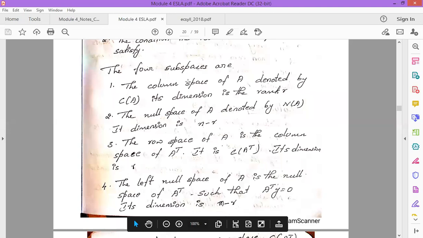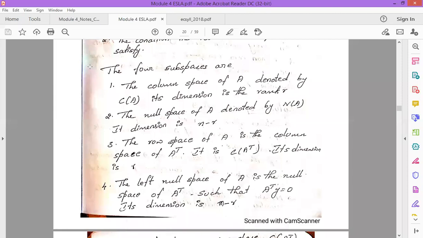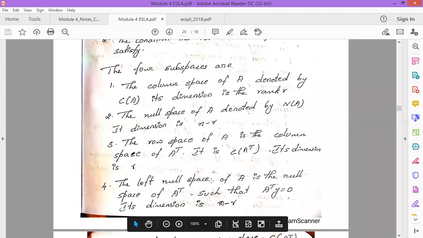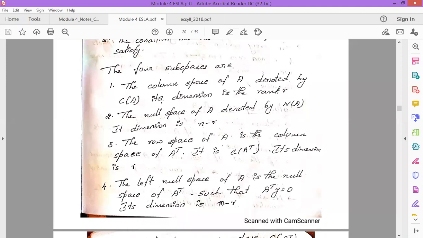So if the problem asks you to calculate the four subspaces, you need to calculate the column space, the null space, the row space, and the left null space of A. For the column space, you identify the pivots and from them identify the column space. For the null space, you solve the equation Ax = 0.